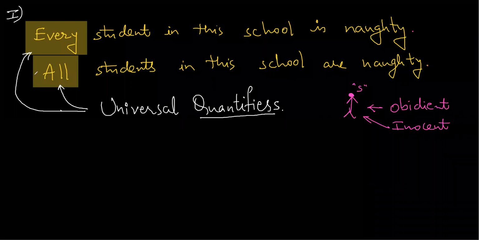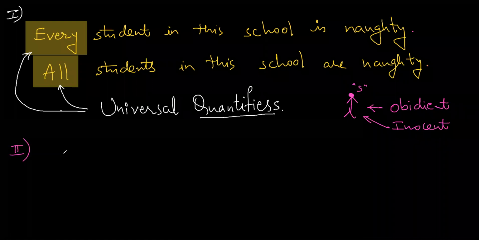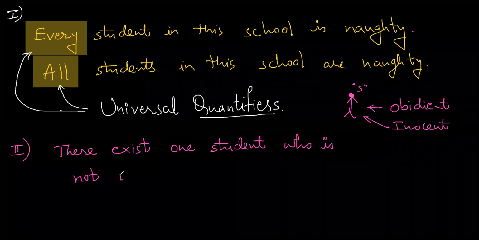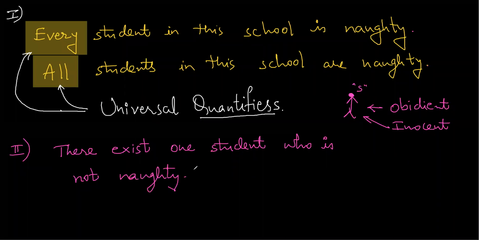So what will you say? You will say something like this: there exists one student who is not naughty, who doesn't do any mischief.